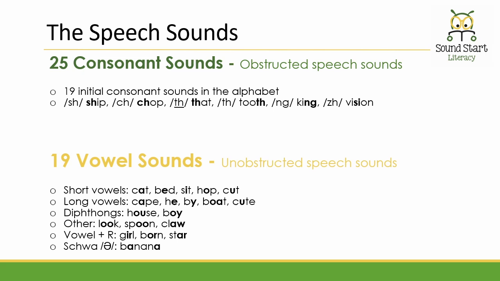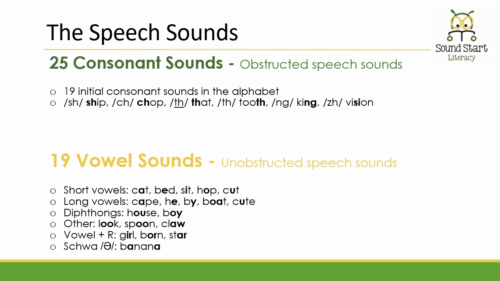When we orient our instruction, we orient the instruction around teaching the different sounds. We begin by teaching the initial alphabet with the consonant and what we consider the short vowel sounds. We don't necessarily use the language short vowel. There's the common vowel sounds, but those are the first vowel sounds we begin with, along with the initial alphabet.